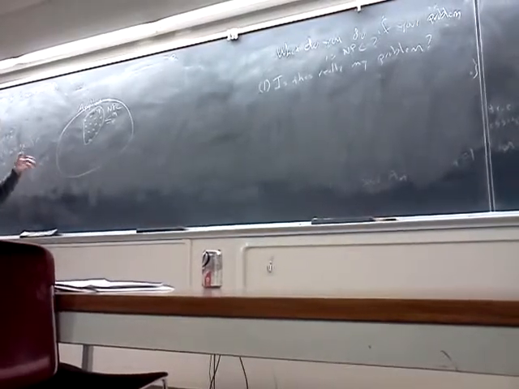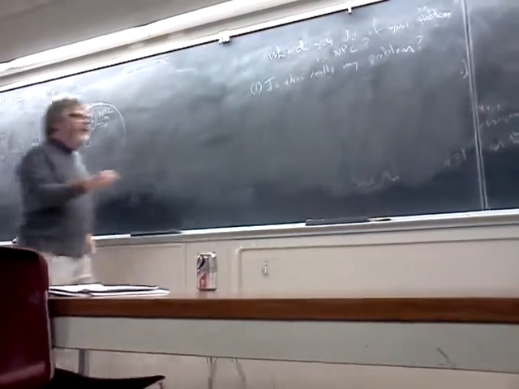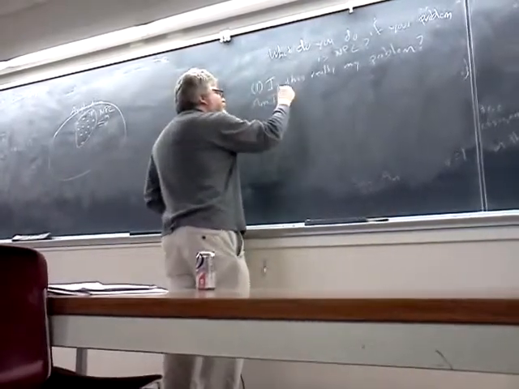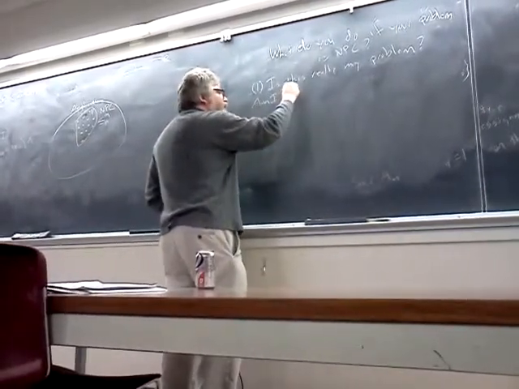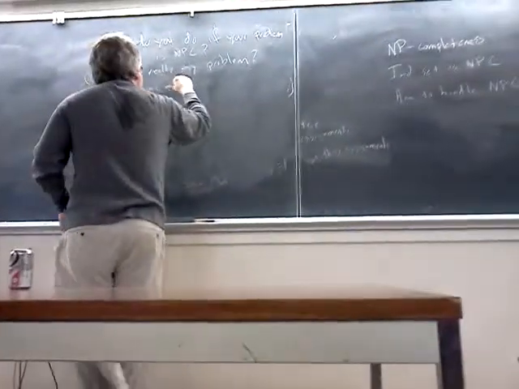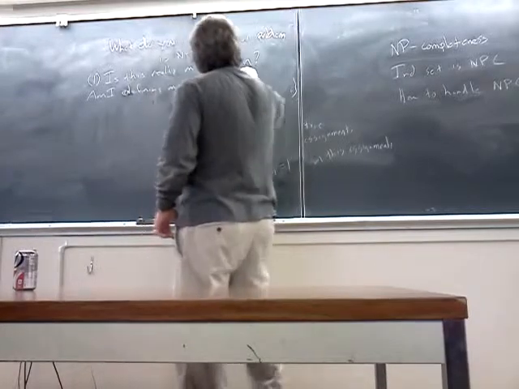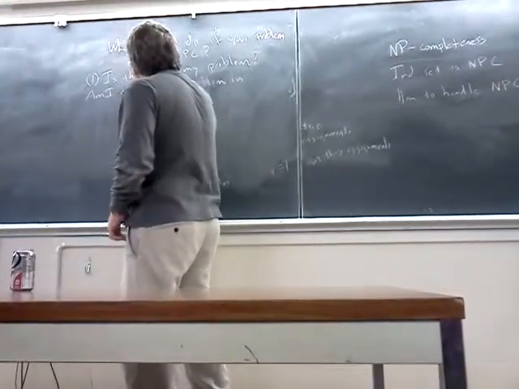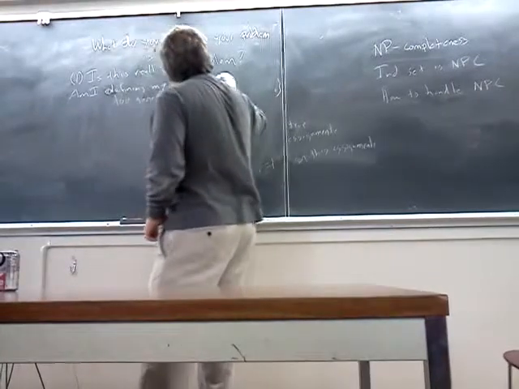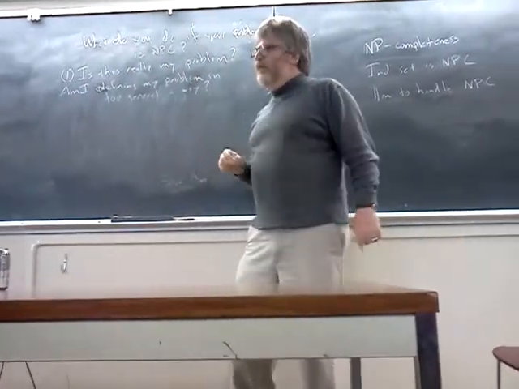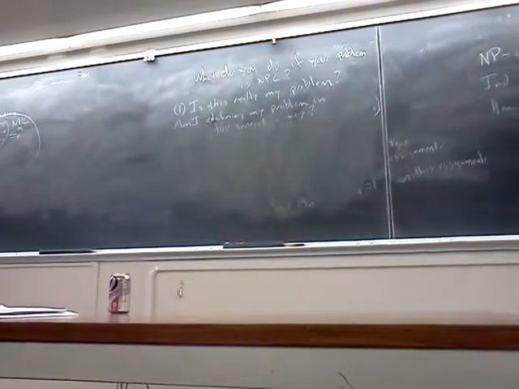So the first thing is, am I defining my problem in too general a way? So for example, take the matching problem, where we're trying to find a set of edges that don't intersect.